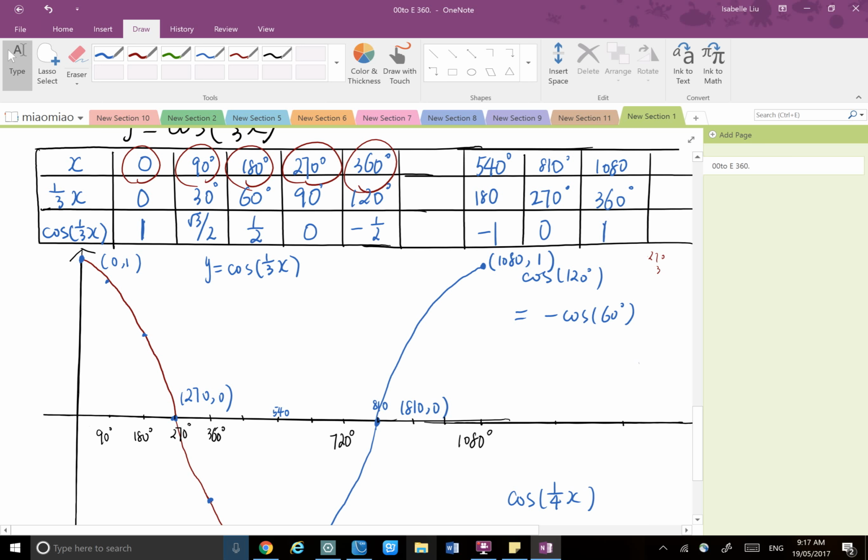It has all been stretched in x by 3 times compared to the original one. So next time when you sketch a graph like that, you don't really need to plot all the points. You know what the effect will be compared to the original base graph. Okay, so that's all for this chapter.